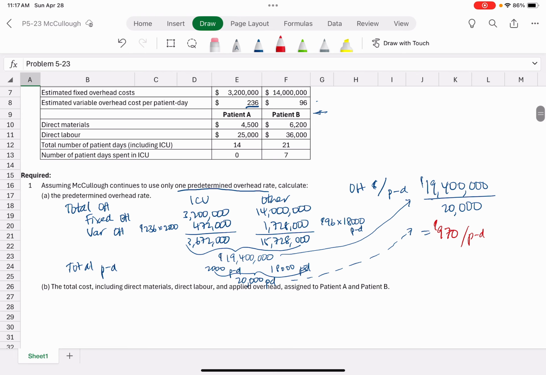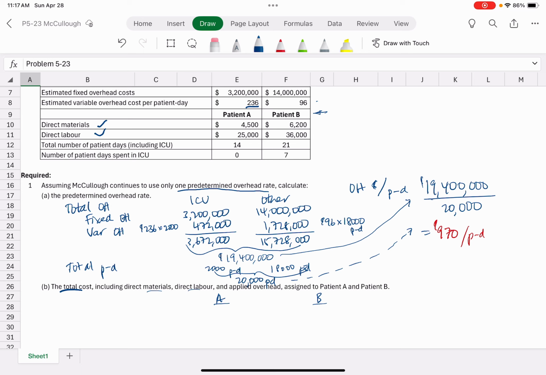Okay, using that single predetermined overhead rate, calculate the total cost assigned to patient A and B. So let's get a little table set up here, A and B. There they are. Direct materials and direct labor were just given to us up here.